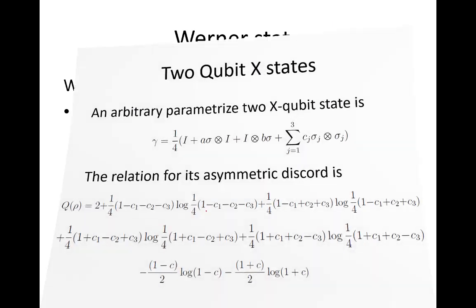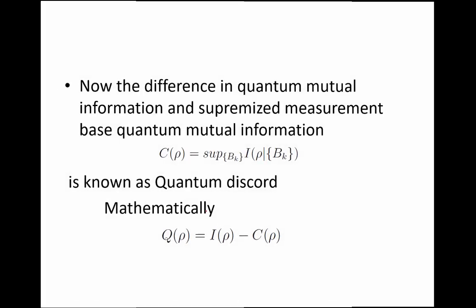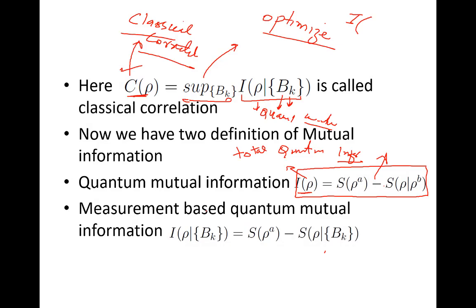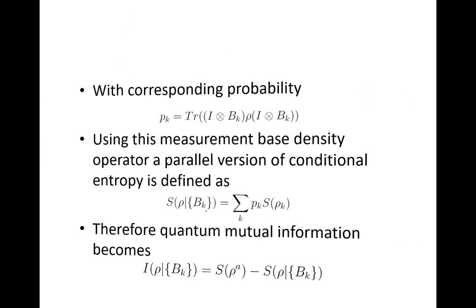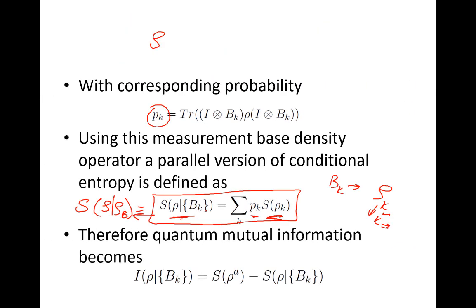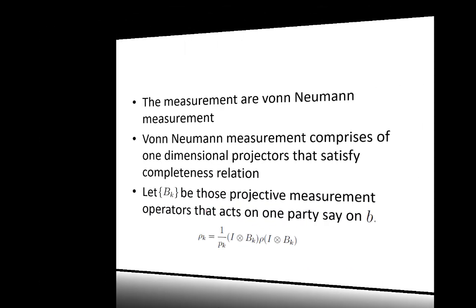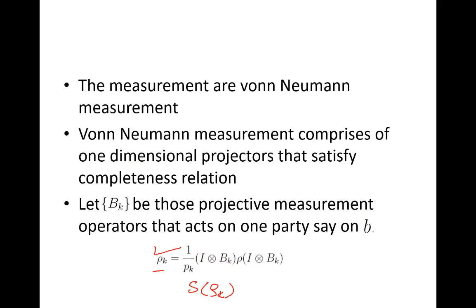So let me show you the equation, which is the modified form of it. Here we have, instead of this, pi A cross pi B. These are the measurement operators applied on rho AB, and this density matrix is sandwiched between pi A and pi B. Then you will get this thing.